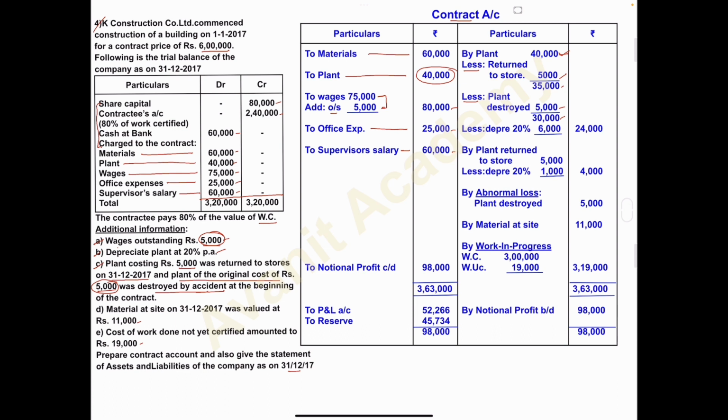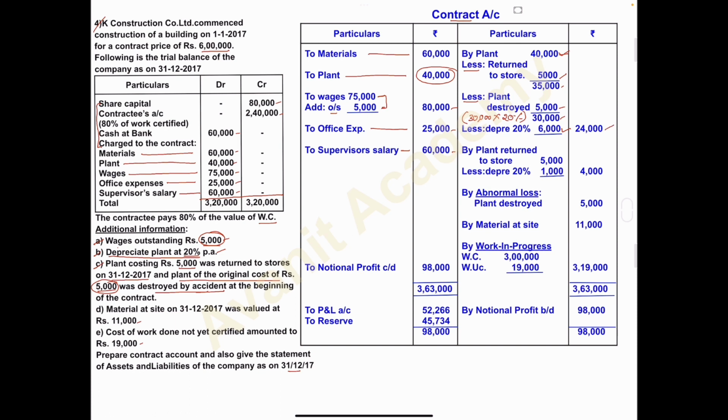So we have to calculate the depreciation on plant at 20%. See the point B, 20%. So what we have to do? 30,000 into 20%. Okay, 30,000 into 20%, you will get 6,000. Okay, from 30,000 minus 6,000, and you will get 24,000. This you have to write on the outer column.